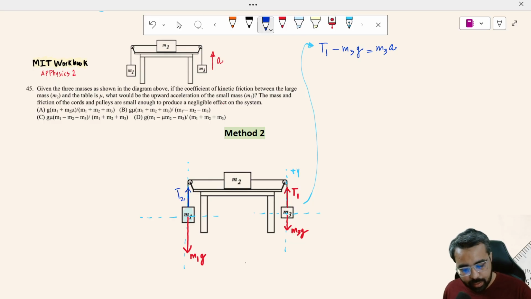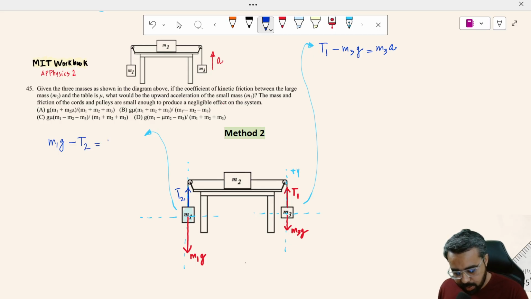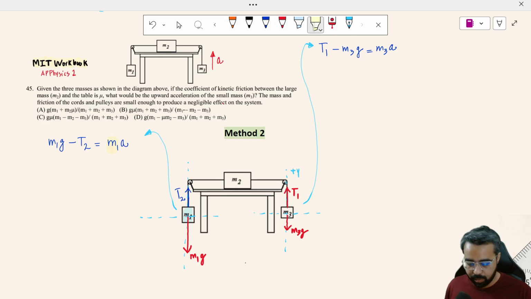So what is the equation for this mass according to Newton's second law? You can write m1g minus T2 is equal to m1a. Why m1? Because we are writing the second law equation for mass m1.